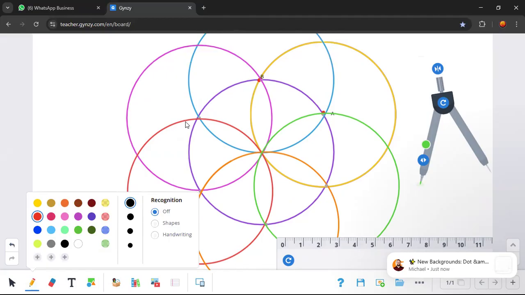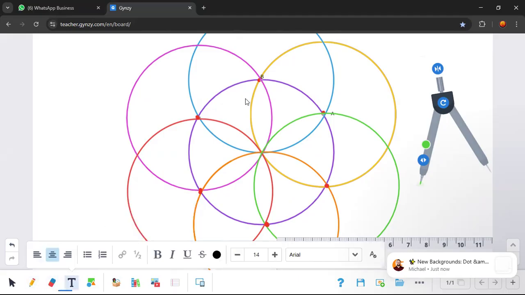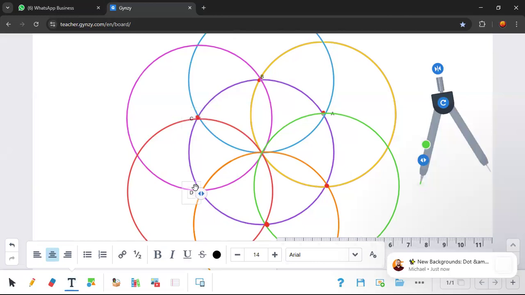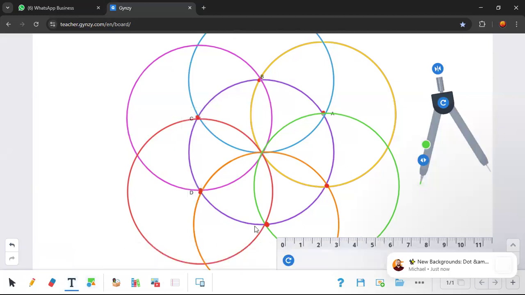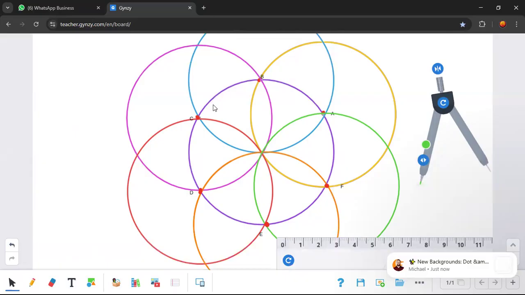I will mark them A, B, here you have C, D, E, F. So I will mark them like this: A, B, C, then D, E, F. These are the intersection points of these circles with the first circle.